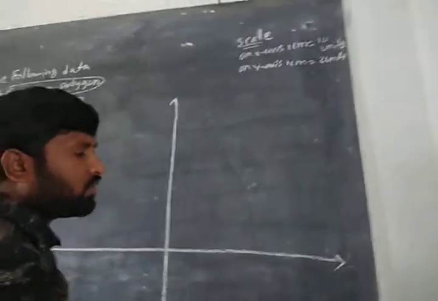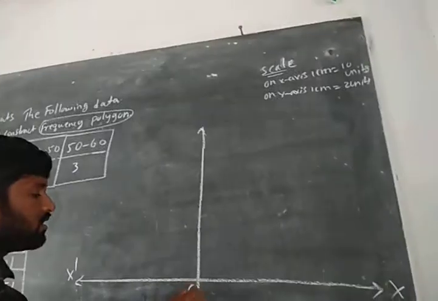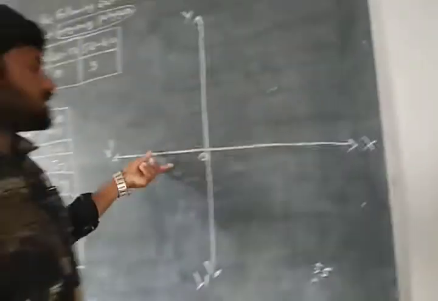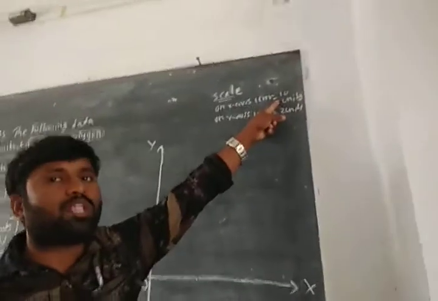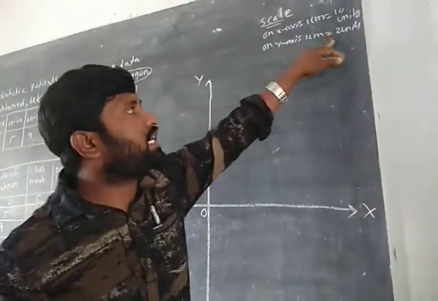Okay students, we know this is the horizontal axis and this is the vertical axis. On the x-axis, 1 centimeter is equal to 10 units; on the y-axis, 1 centimeter is equal to 2 units.